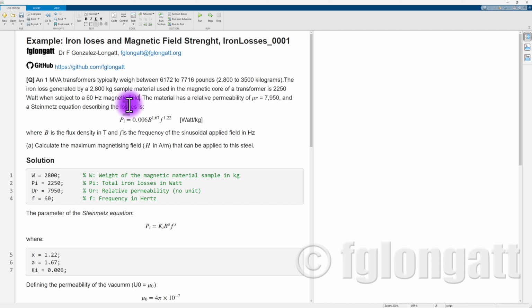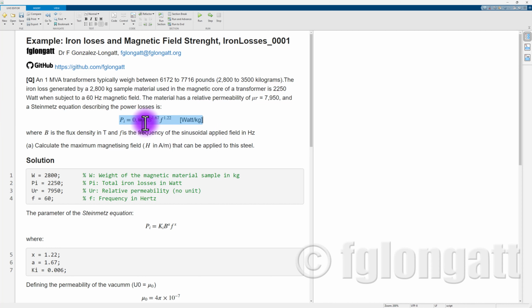So the relative permeability of the magnetic material is 7,950, and the statement equation describing the power losses is presented here. As you can see, this is basically the equation coming from the statement.